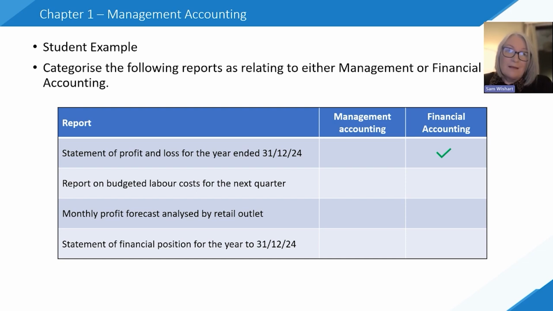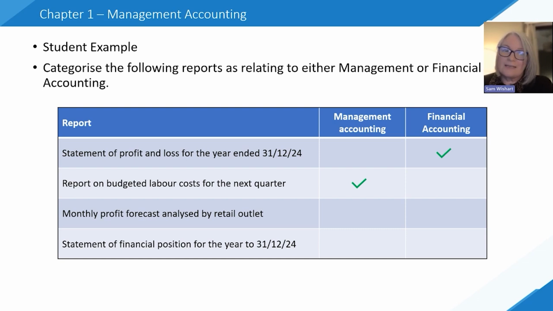What about a report on budgeted labour costs for the next quarter? Do we think management accounting or financial accounting? Yes, absolutely, budgeted costs. They are what we think costs are going to be. They're not actual costs that we are reporting on there, and it's costs for the next quarter.